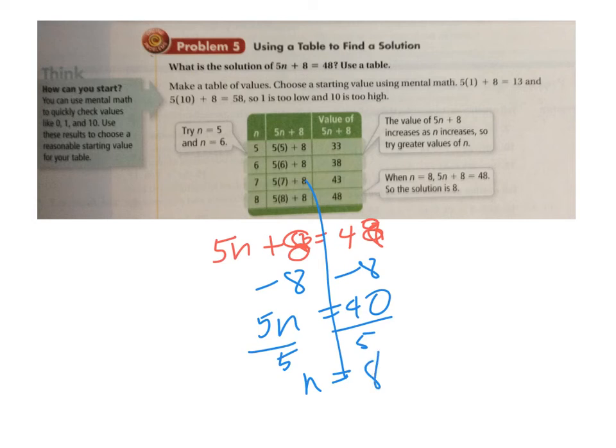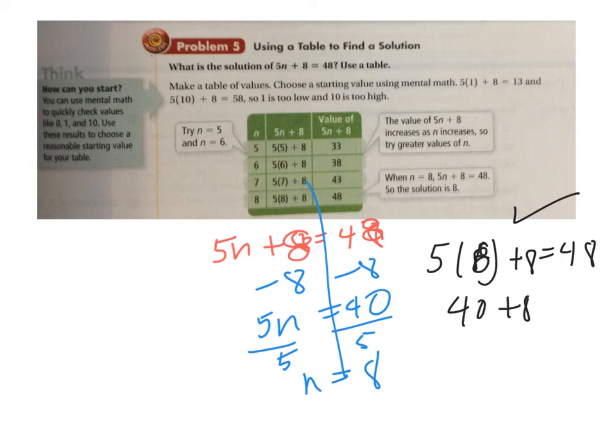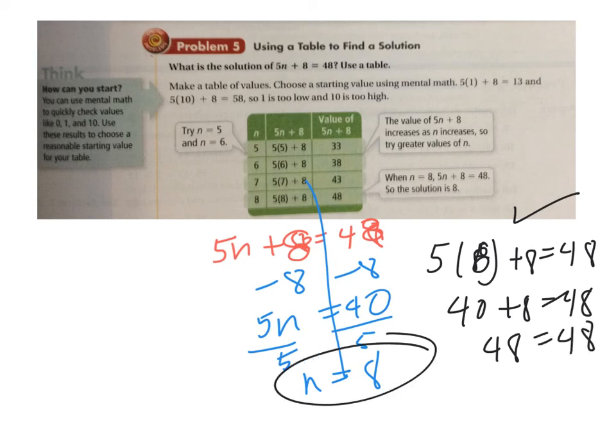And we can always check that, and I like to show that check. So 5 times 8 plus 8 equals 48. Well, 5 times 8 is 40, plus 8 equals 48. And 48 does indeed equal 48, so my solution of n is 8 was correct.